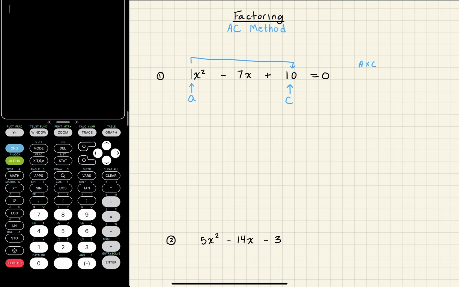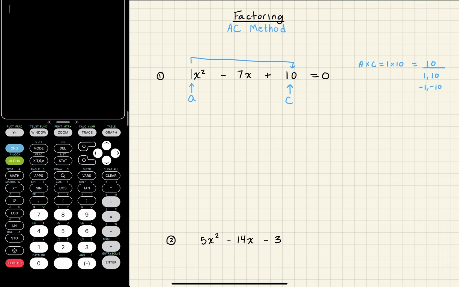If we do a times c here, that's 1 times 10, and that gives us 10. The next step of the AC method is to write down the factors of 10, all the different ways you could get a positive 10 through multiplication. Well, we could do 1 times 10. We could also do negative 1 times negative 10, right?